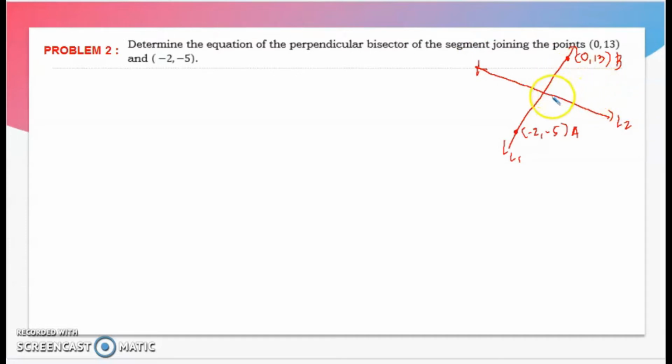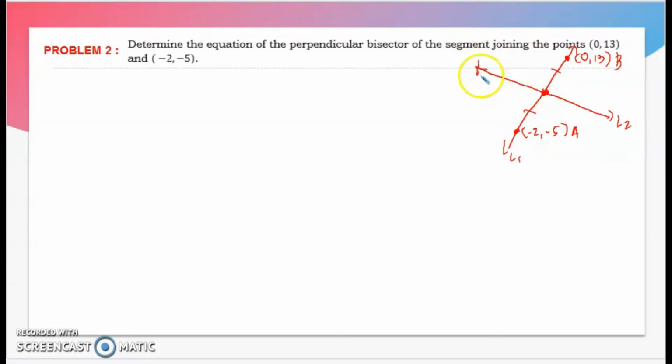Now, since line 2 is the perpendicular bisector of line 1, it means that line 2 passes through the midpoint of line 1. So it passes through the midpoint of segment AB. So it follows that it cuts segment AB into two congruent segments.